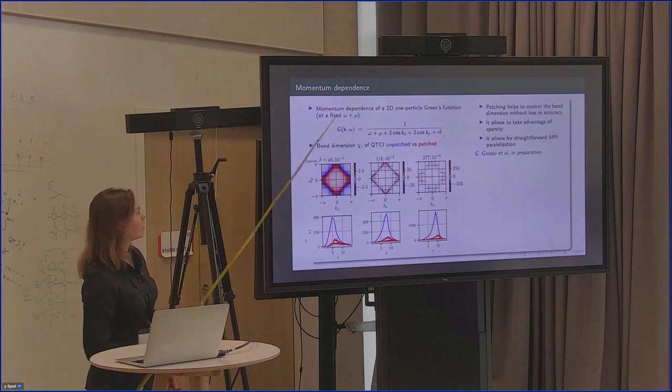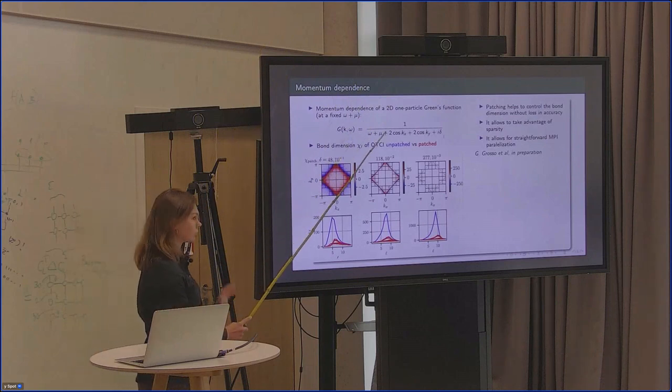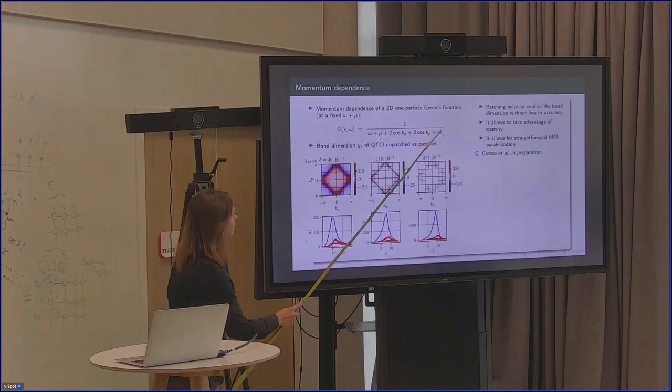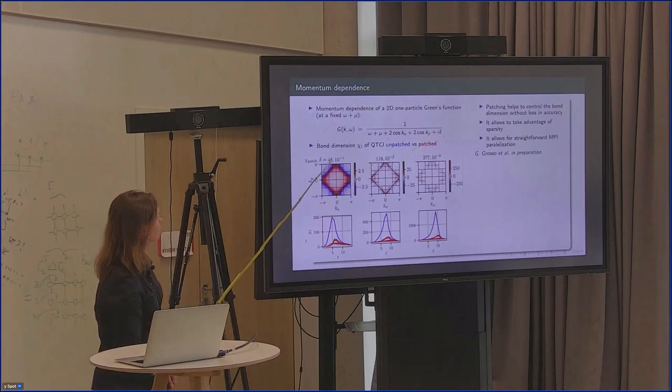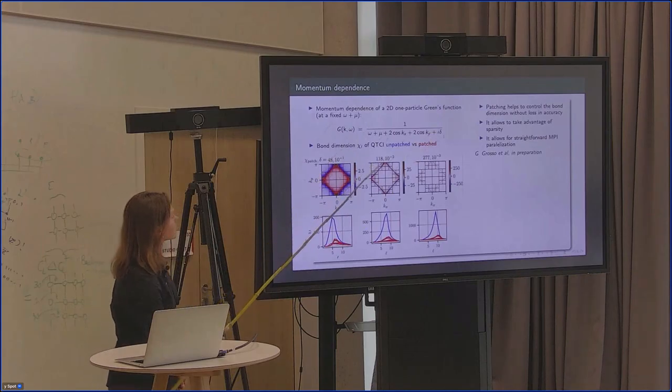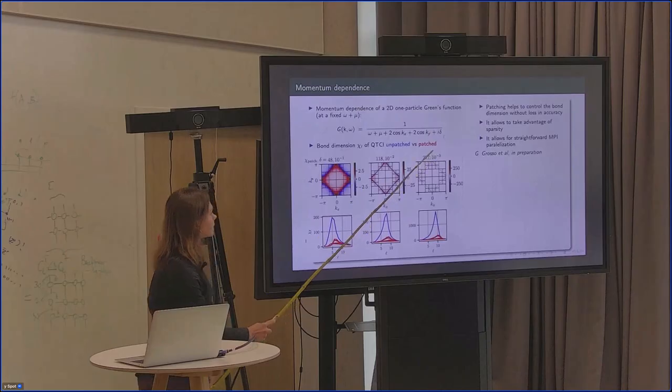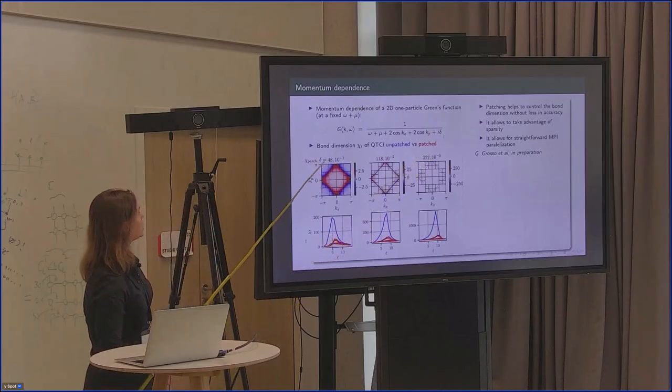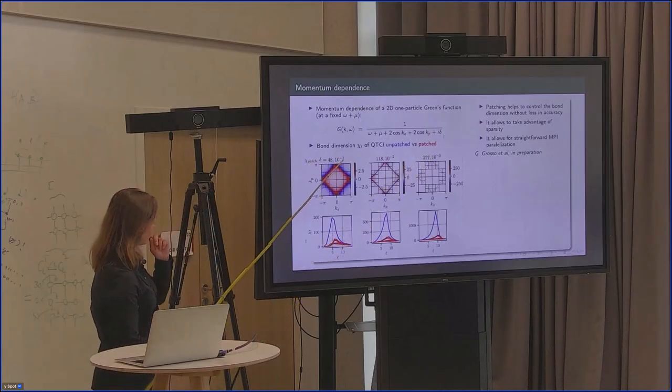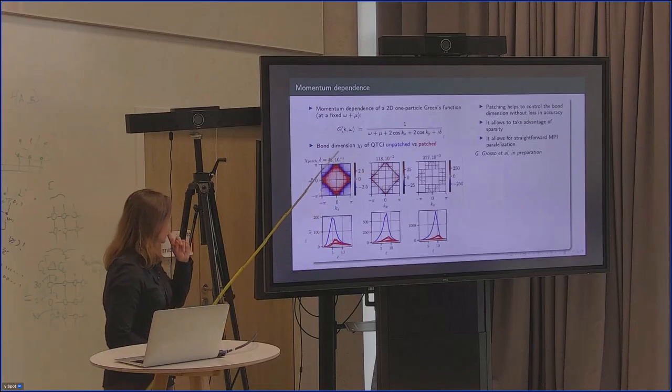However, when we look at the momentum dependence of just the Green's function, for some value of omega plus u that is not 0, and some small broadening, as a function of this broadening, so this delta here is 10 to the minus 1, 10 to the minus 2, 10 to the minus 3, and the bond dimension here is capped by these values. Okay, maybe I have to, this is a patch bond dimension.